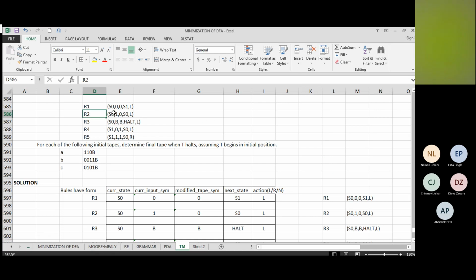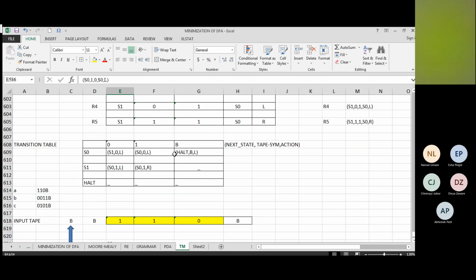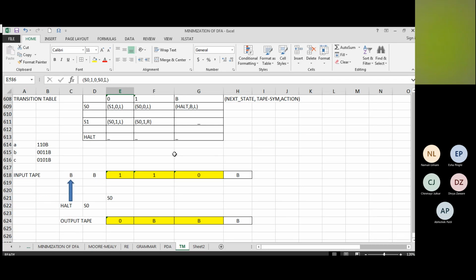S0 is processing 1. It outputs 0. It stays in S0, moves to left. So this is the required answer for A.